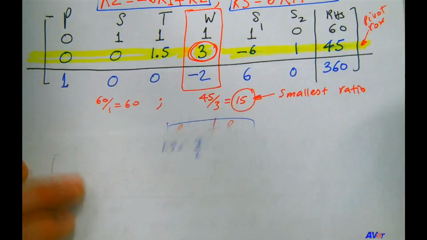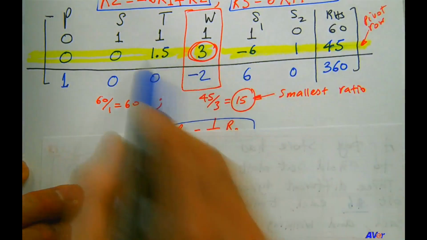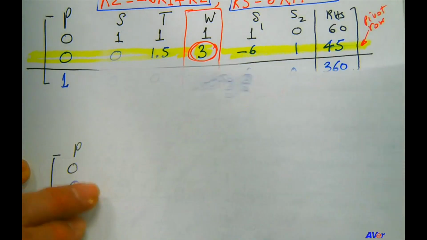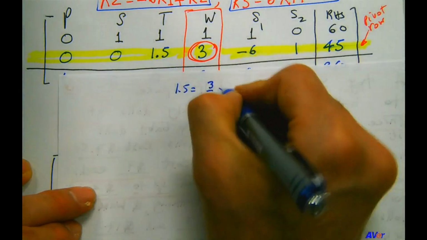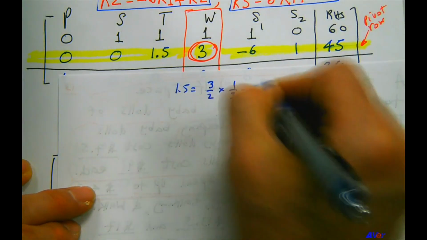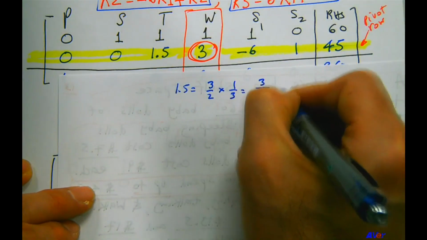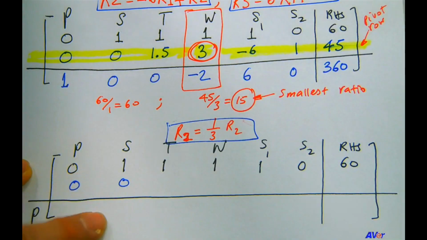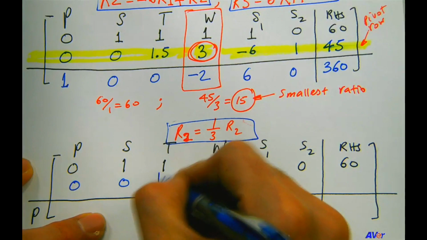Now we're multiplying that 3/2 by 1/3, right? So 3/2 times 1/3, it'll be 3/6, which is 1/2. Okay, so we end up with 1/2 there.